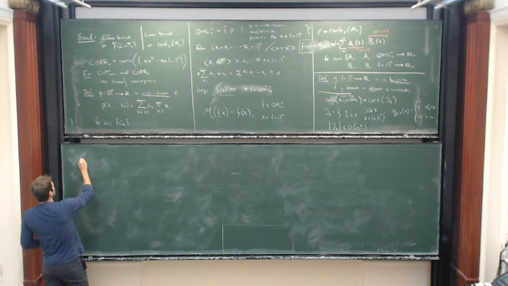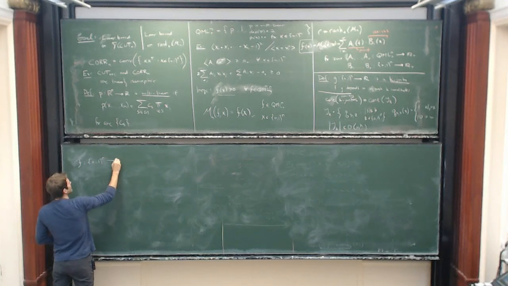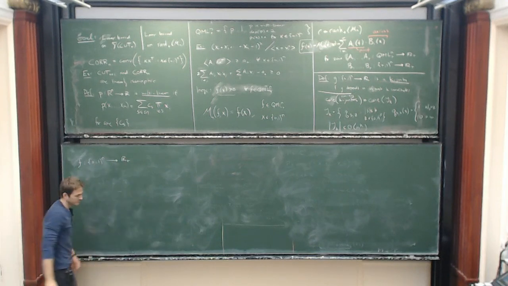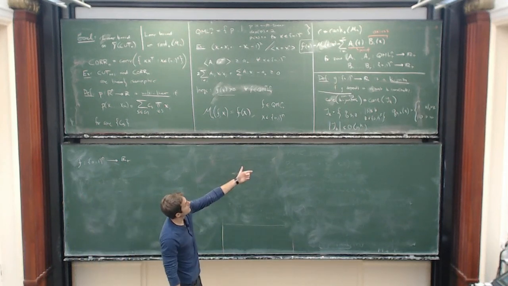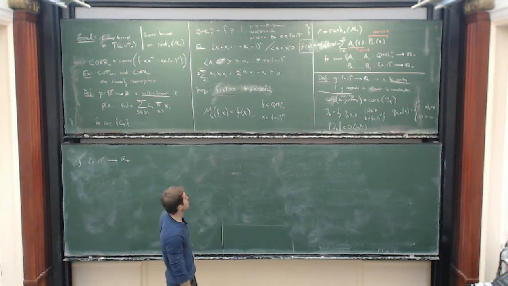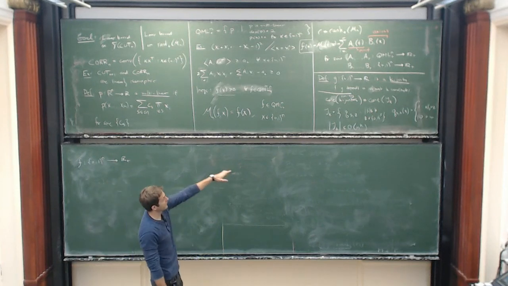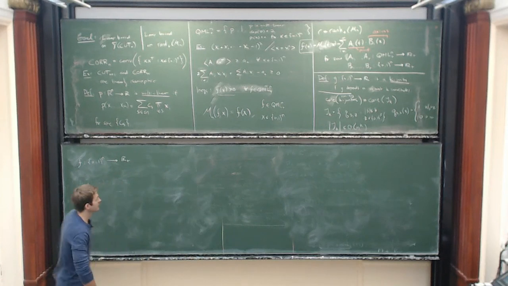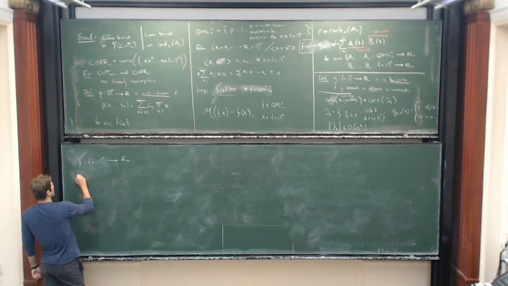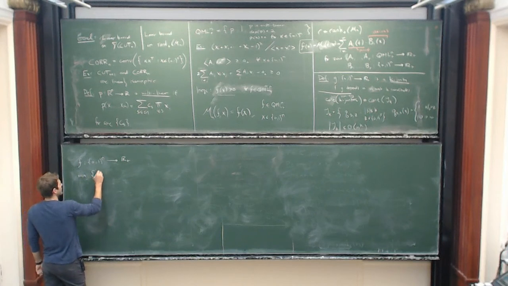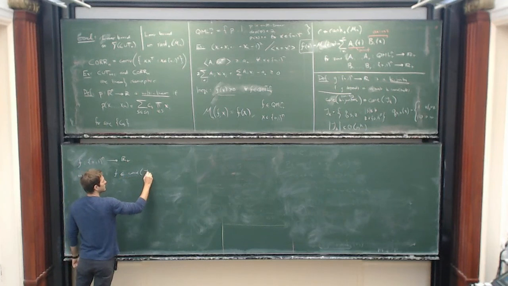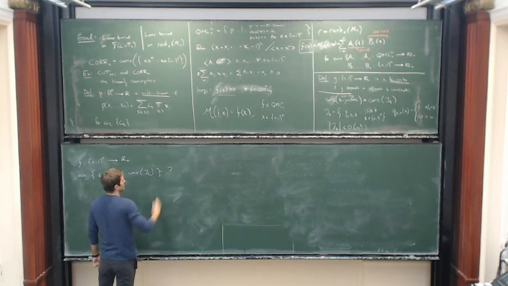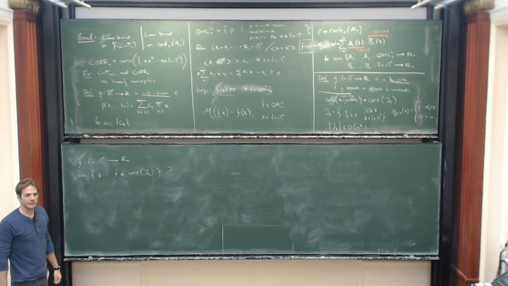So if I give you a function which is non-negative, I can ask you what's the smallest value of k so that you can prove the non-negativity of that function using k-juntas. What's the minimum k such that f lies in the cone generated by the k-juntas?